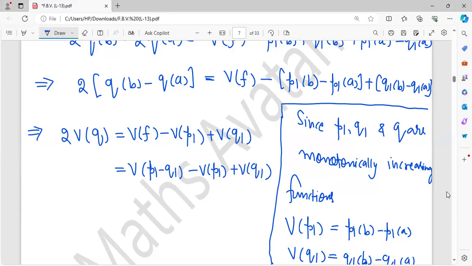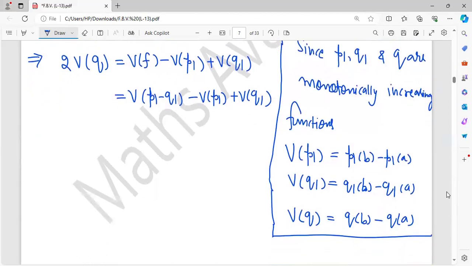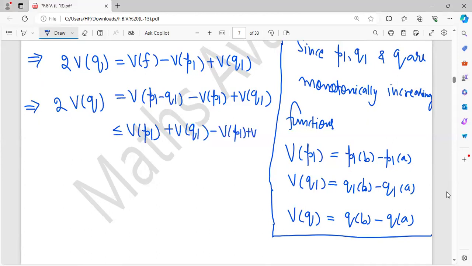Okay. But this is less than VP1 plus VQ1. So it will remain as it is.